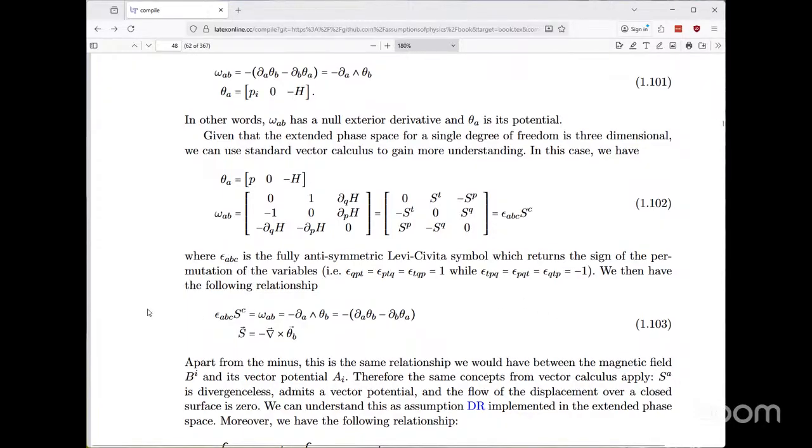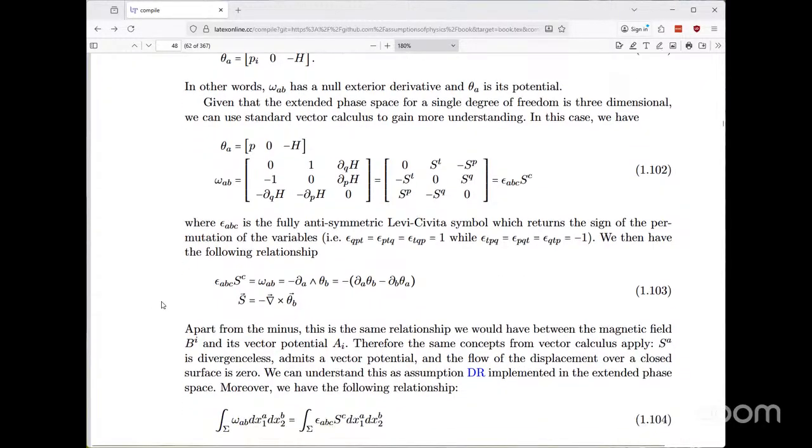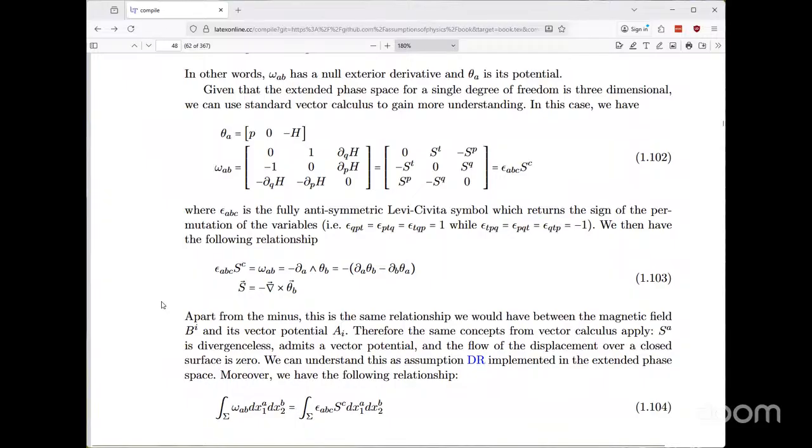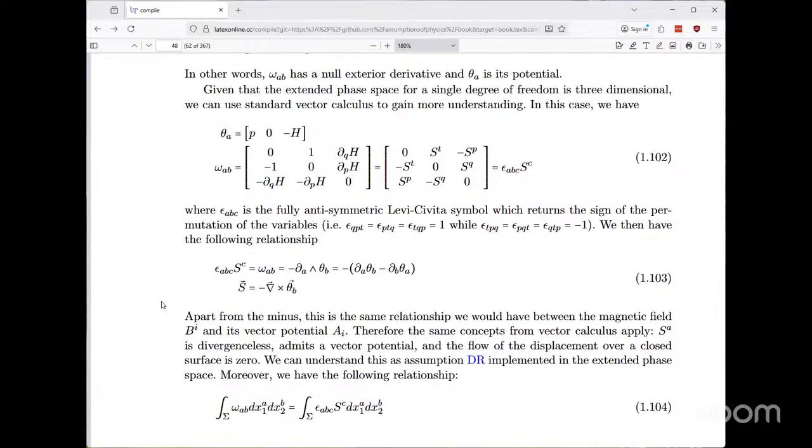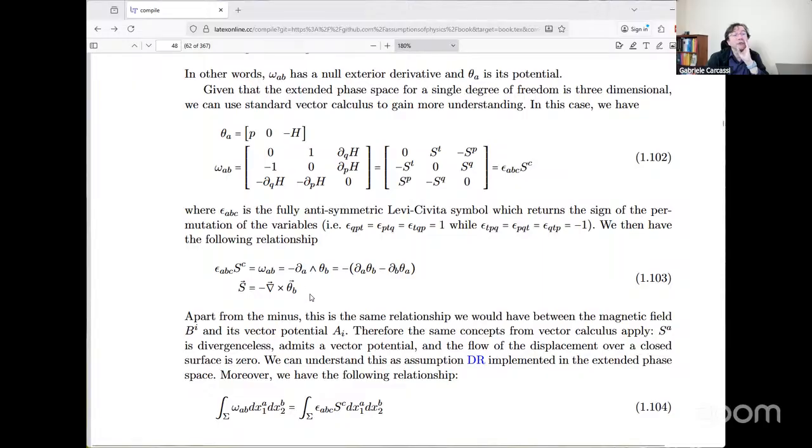We have epsilon ABC, C. That's just the 2 form, which we said was the minus the external derivative of theta. Which you write out, and then that gives you the displacement field as a vector. And so S is the kernel of theta.